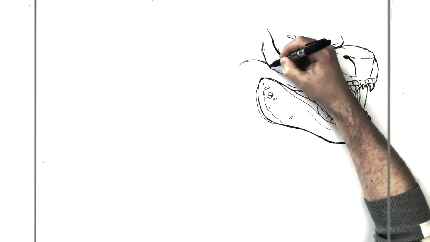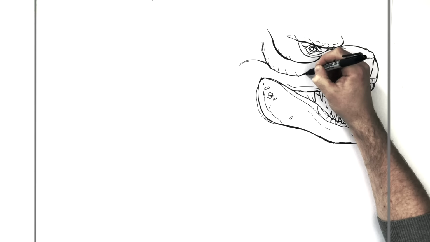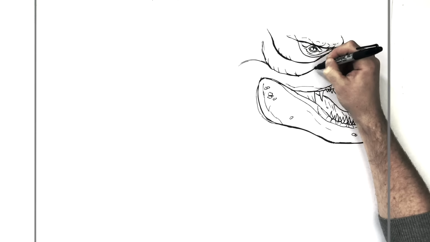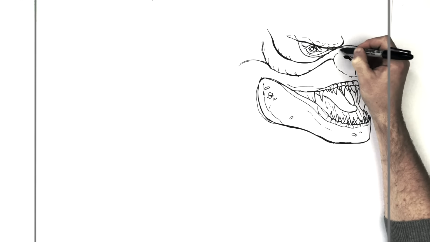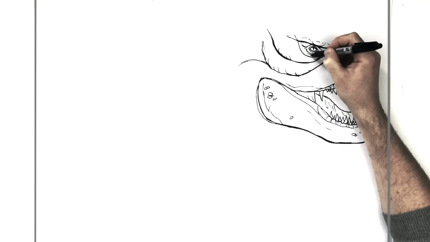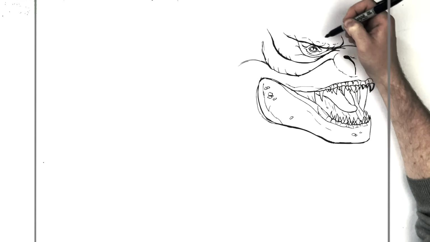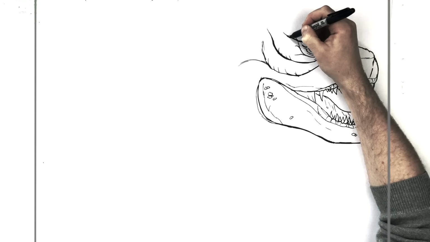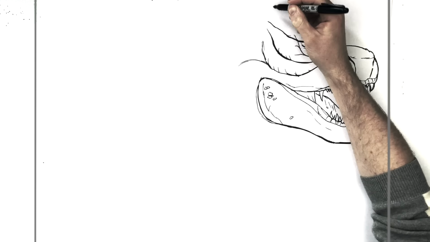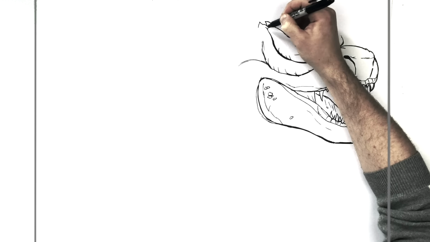And you can add texture on this. There might be some wrinkles and things. And these join together up here. That's a spiking section.